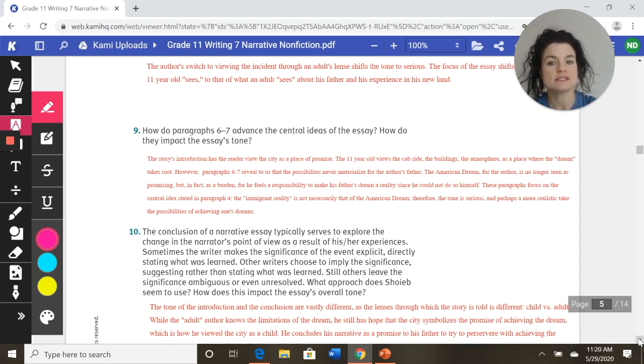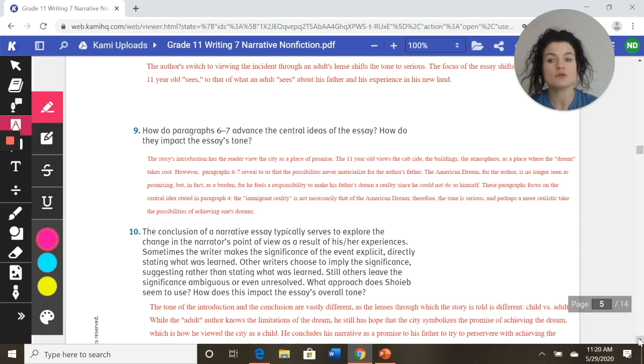However, paragraphs 6 to 7 reveal to us that the possibilities never materialize for the author's father. The American dream for the author is no longer seen as promising, but in fact as a burden, because he uses that word in his writing, for he feels a responsibility to make his father's dream a reality since he could not do so himself.